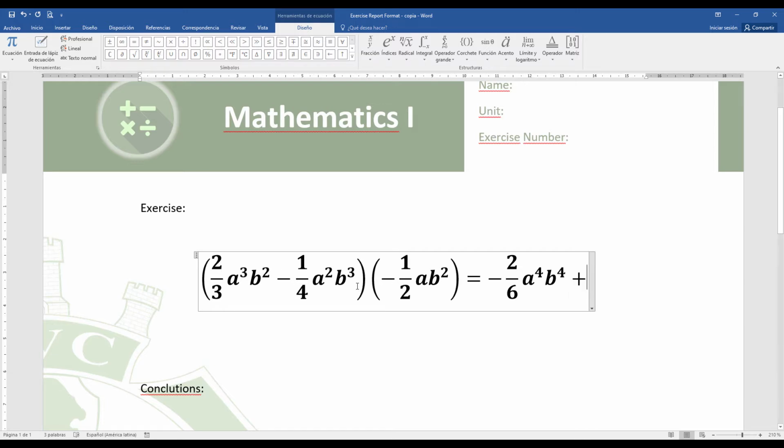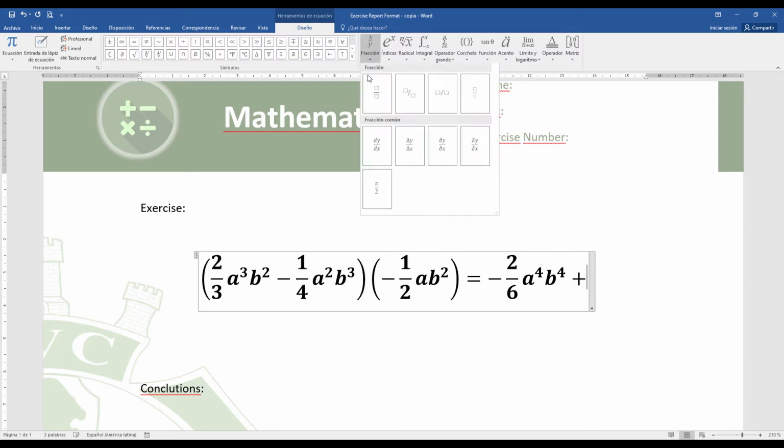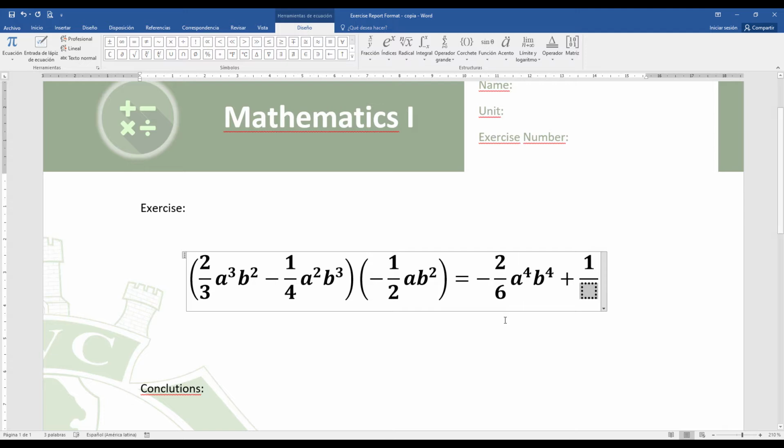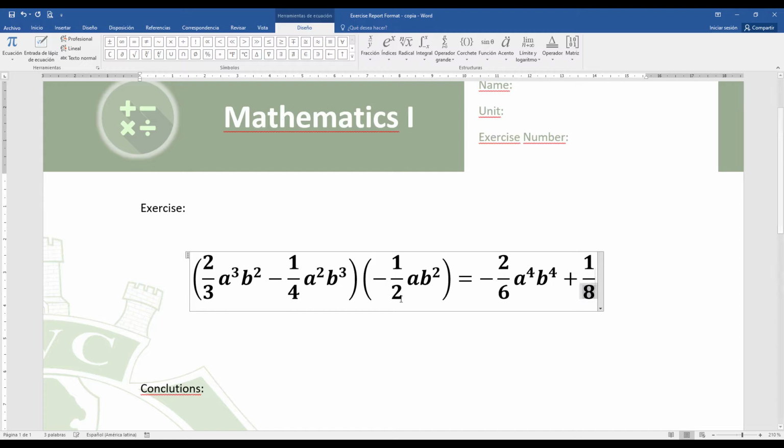Again you have a fraction here, you need to multiply numerator by numerator, so it's 1 times 1, and denominator by denominator, so it's 4 times 2, equal to 8.